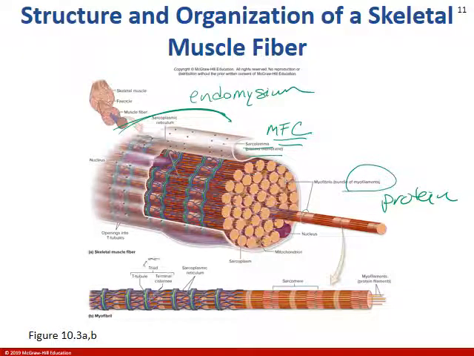We have a triad, which is one T-tubule and two terminal cisternae. And we have this sarcoplasmic reticulum spread all around these myofilament proteins. We then label specific sections of these myofilament proteins, and this is called a sarcomere. It's just a specific section, and we'll come back and talk about this again.